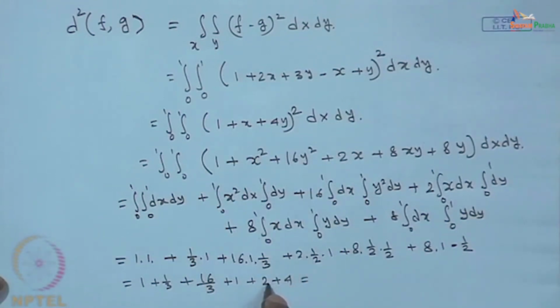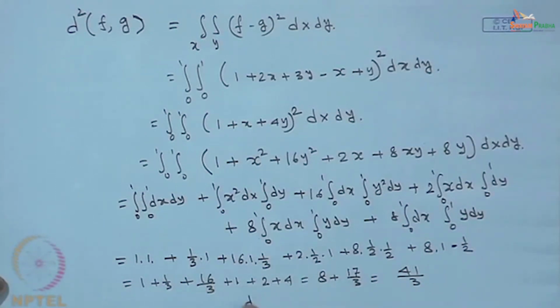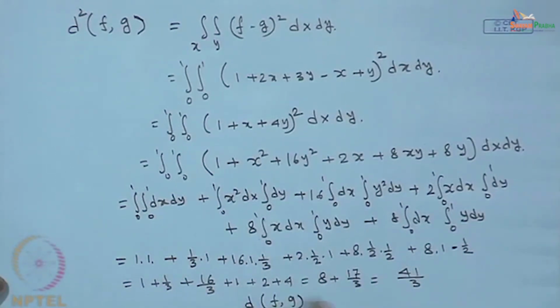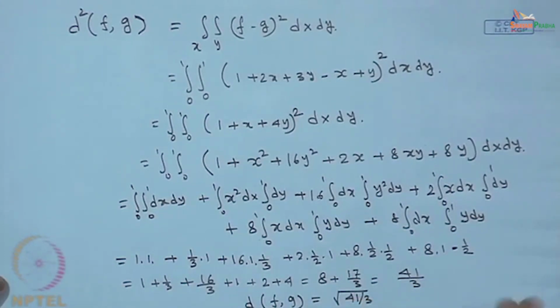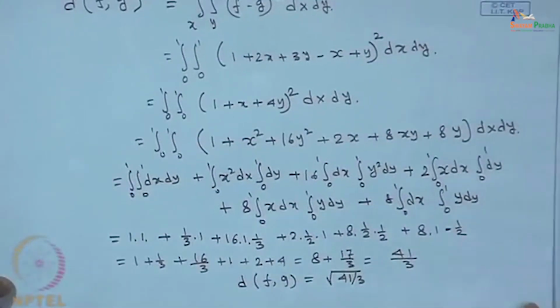So, 4 to 6, 6 1 7, 7 1 8, 8 plus 17 by 3. So, this will be 41 by 3. So, the metric between f and g will be nothing but root over 41 upon 3.